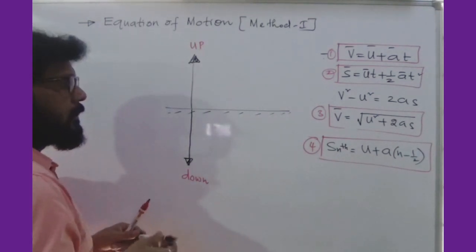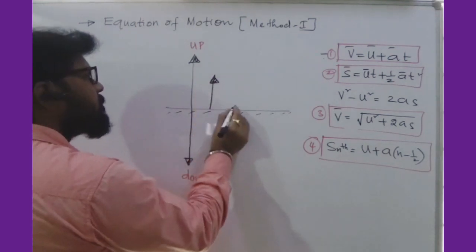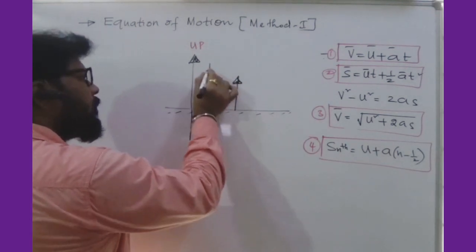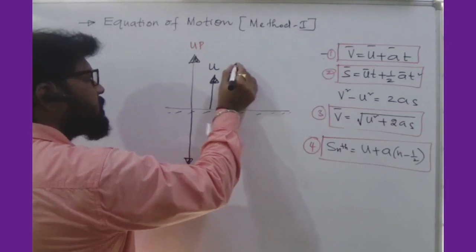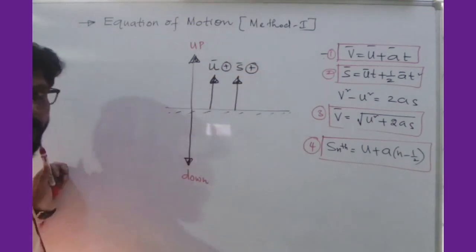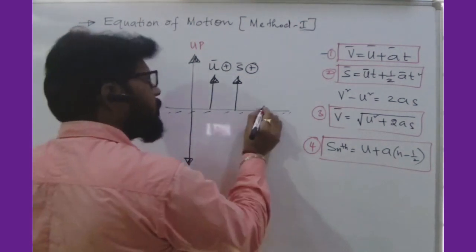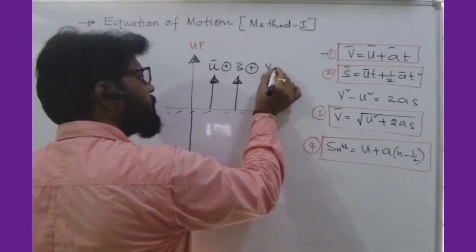Now velocities or displacements in the upward direction are taken to be positive.